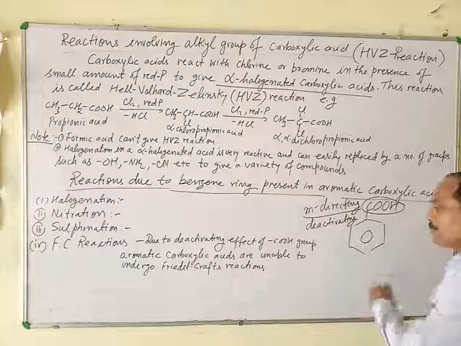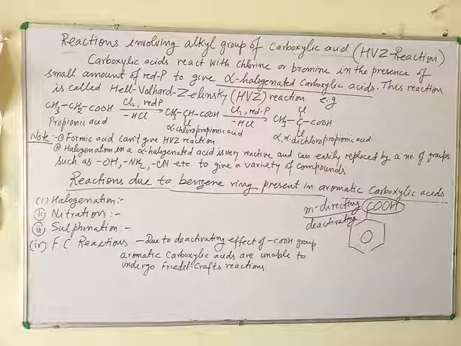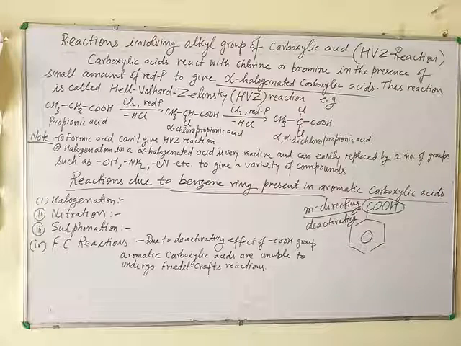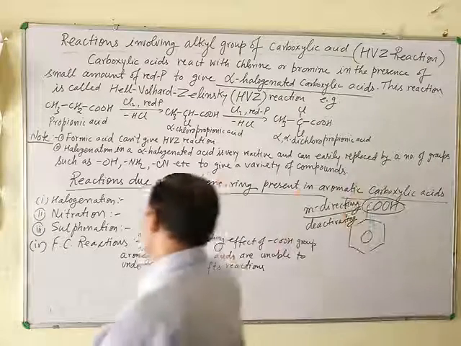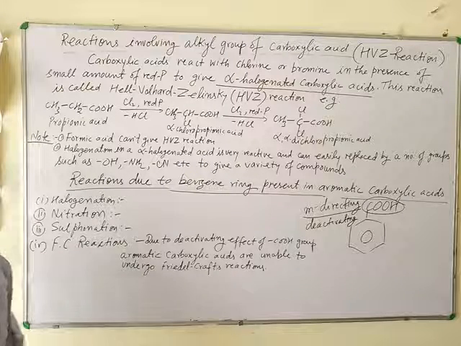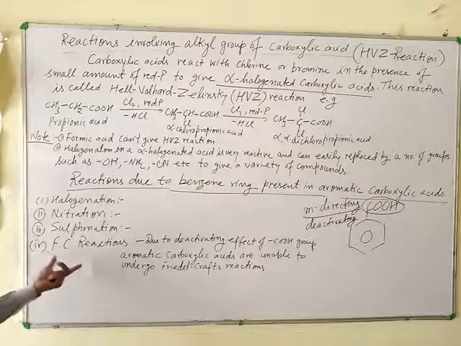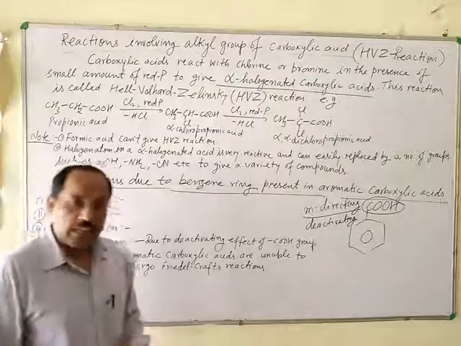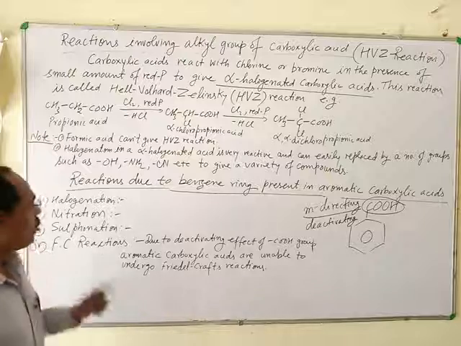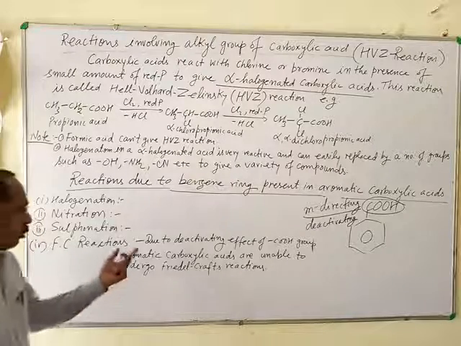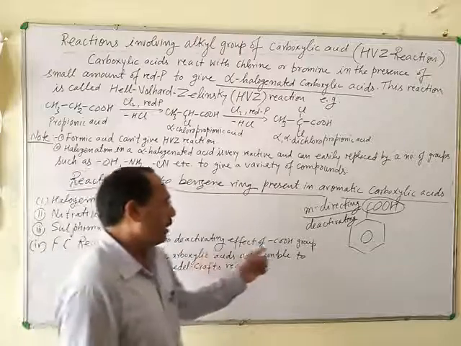That's why electrophilic substitution reaction takes place in vigorous condition in this carboxylic acid. Only halogenation, nitration and sulfonation is possible in case of benzoic acid. Friedel-Crafts reaction, that is Friedel-Crafts alkylation and Friedel-Crafts acylation, is not possible in case of benzoic acid. This is due to deactivating effect of COOH group.